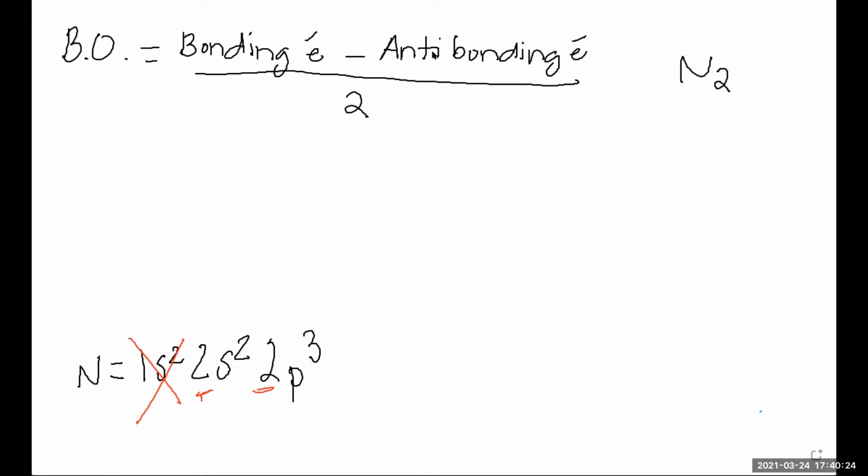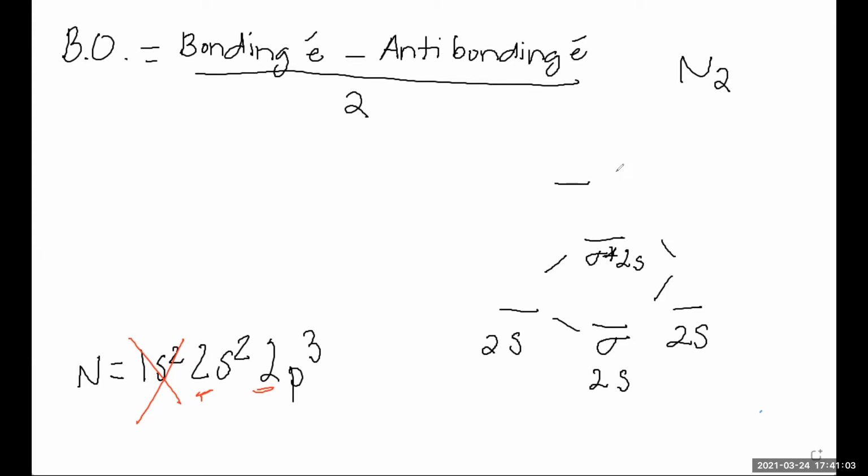In some cases, I'm not sure if Dr. Henry wants you to memorize how to do the diagram. I would ask him. But in Chem 101, I saw that they actually give you the diagram. So let me draw it out. It kind of looks like this: sigma 2s, and then you have your anti-bonding one, which is sigma with that little star. That's still 2s.